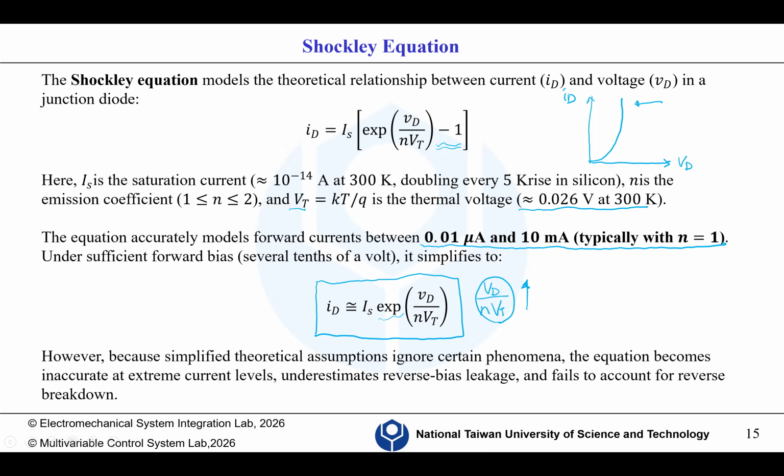You don't need to memorize this because if it's in the exam, this formula will always be given. You just need to know that this simplified formula describes this curve. Because of simplified theoretical assumptions that ignore certain phenomena, the equation becomes inaccurate at extreme current levels, underestimates reverse bias leakage, and fails to account for reverse breakdown.